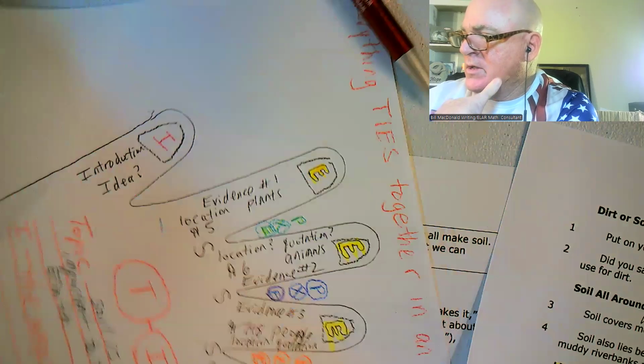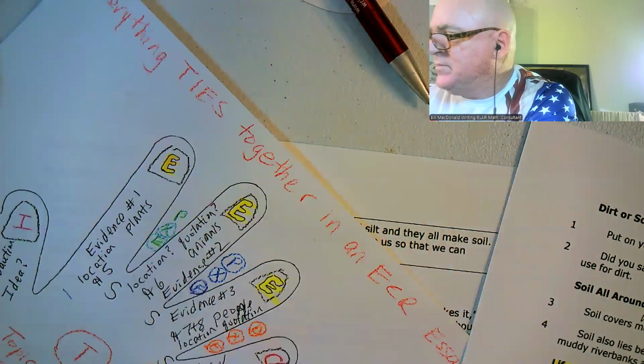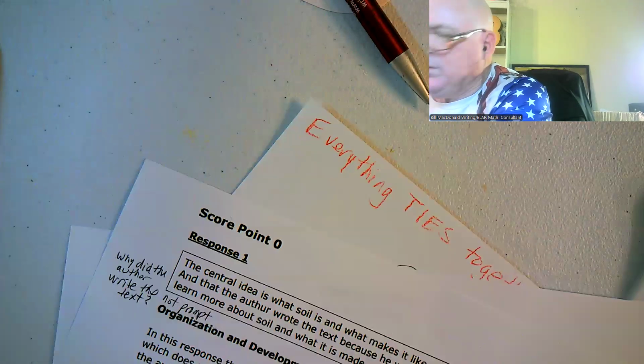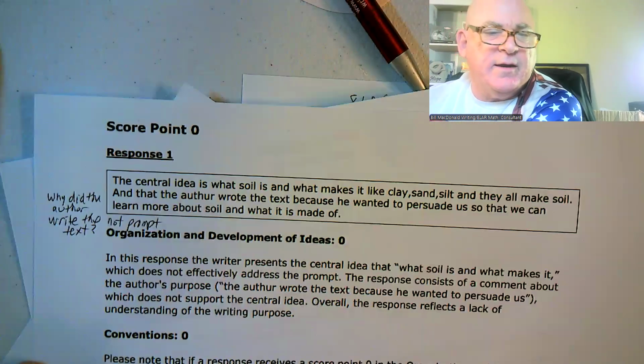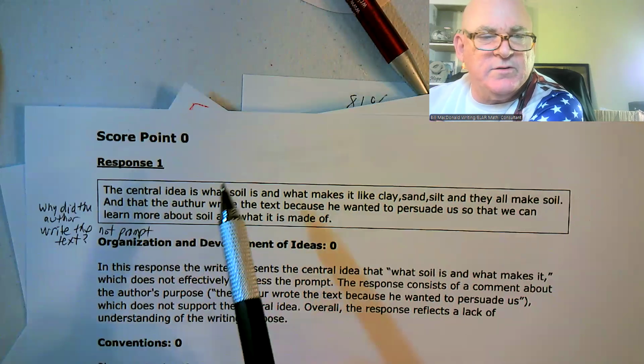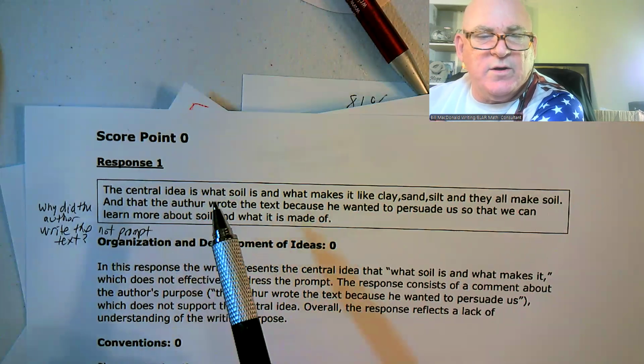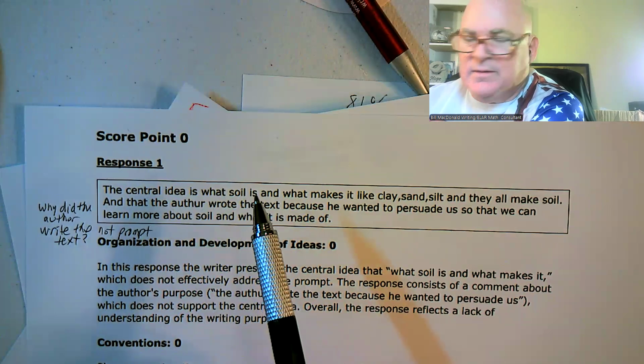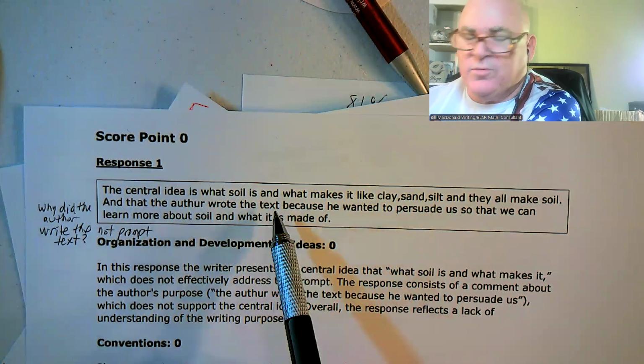All right. So why did some students get zeros? Well, I looked it up and I noticed that response 1 that got a 0, it says the central idea is what soil is. That doesn't say why soil is important.